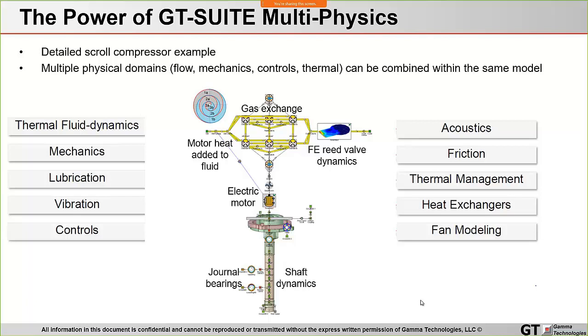And so for the case of a scroll compressor, for example, you're modeling not only the gas exchange flow path from the intake side all the way through the discharge side, but you're also doing the ability to model things like electric motors to predict not only the torque requirement or the variable speed requirement on the machine, but also since that motor produces some heat, then that heat can also be passed back to the flow system for coupled heating of the fluid.